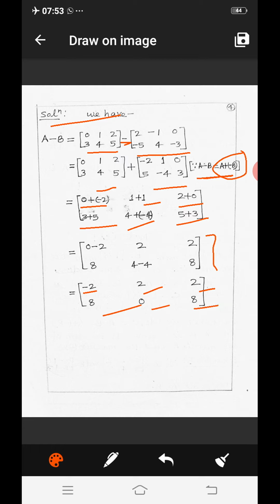Hence, A minus B equal to a matrix having elements minus 2, 2, 2, 8, 0, 8.